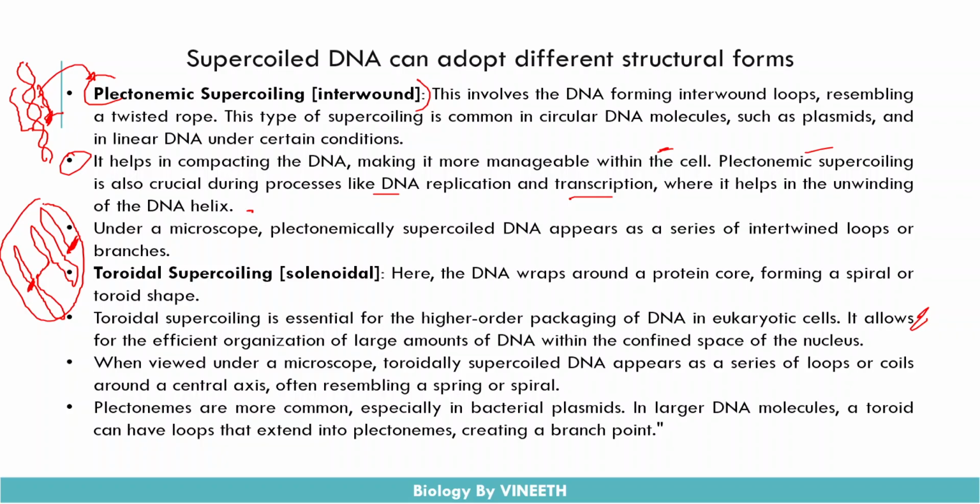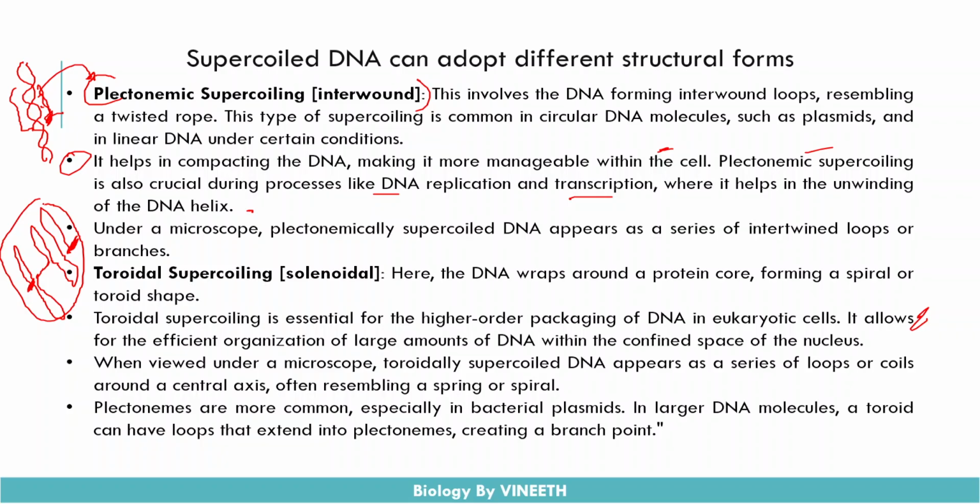And if you talk about toroidal supercoiling, which is mainly seen in the case of eukaryotic genomes, the solenoidal mode of the chromatin material is due to this kind of toroidal supercoiling. In eukaryotic genomes, the long DNA gets wrapped over the histone core proteins in the nucleus to form the nucleosome structure.